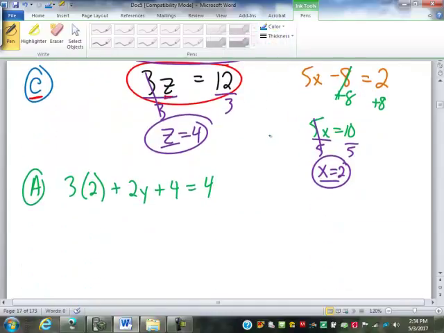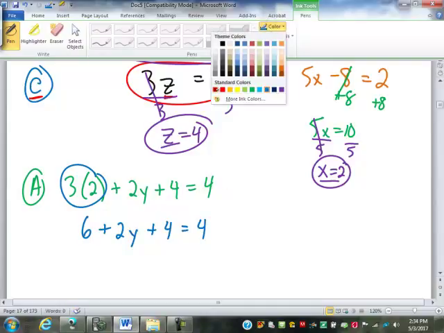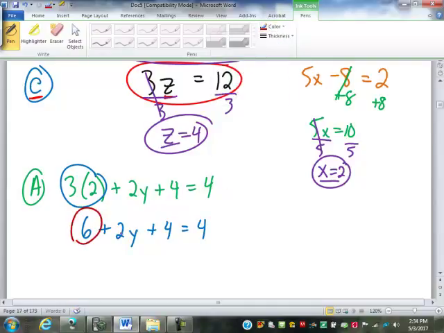So then, we got to find y. I'm going to combine. 3 times 2 is 6. Then I'm also going to combine the 6 and the 4 being added to make 10.